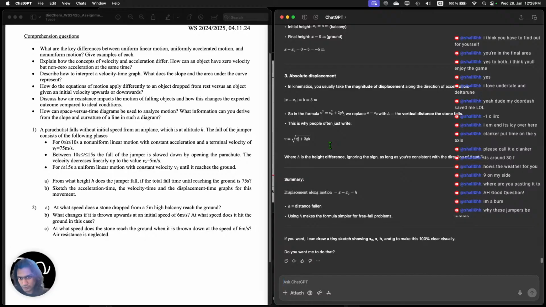x is equal to ut plus half g t squared. And let's give u a negative sign. Oh, we don't know t. We could find t.